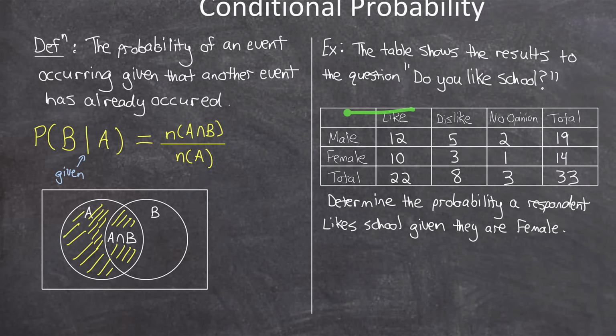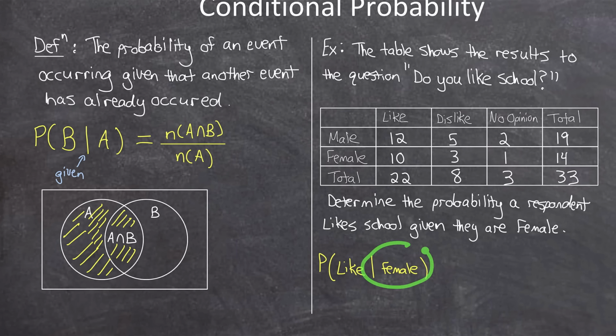In this example, we have a table that shows the results to the question, do you like school? And then it asks us to determine the probability that a respondent likes school given they are female. This word given tells me this is a conditional probability. I'm interested in finding the probability that they like school given they're female.